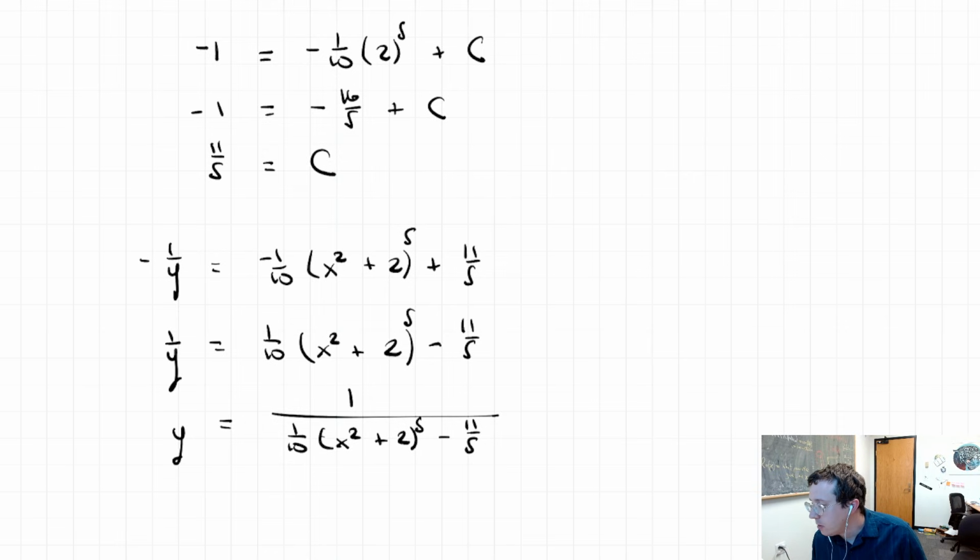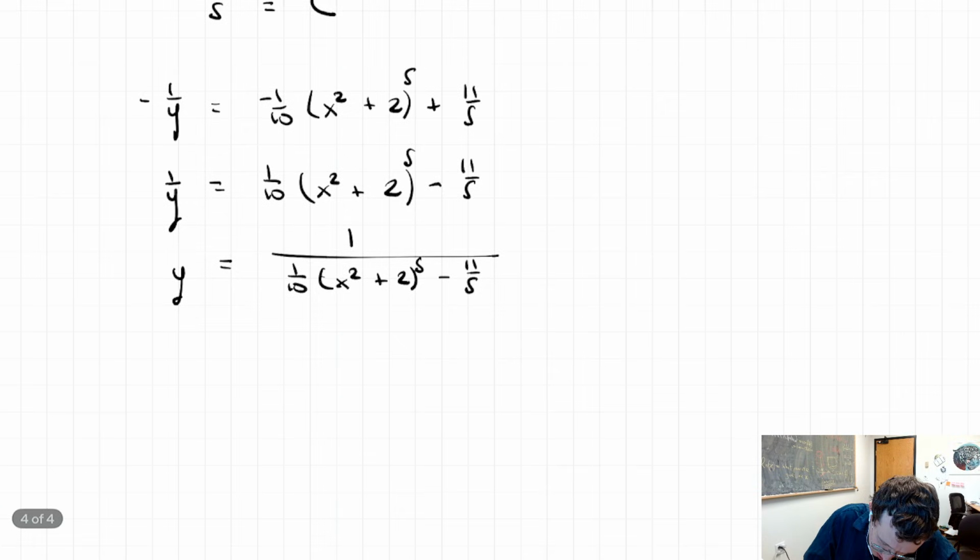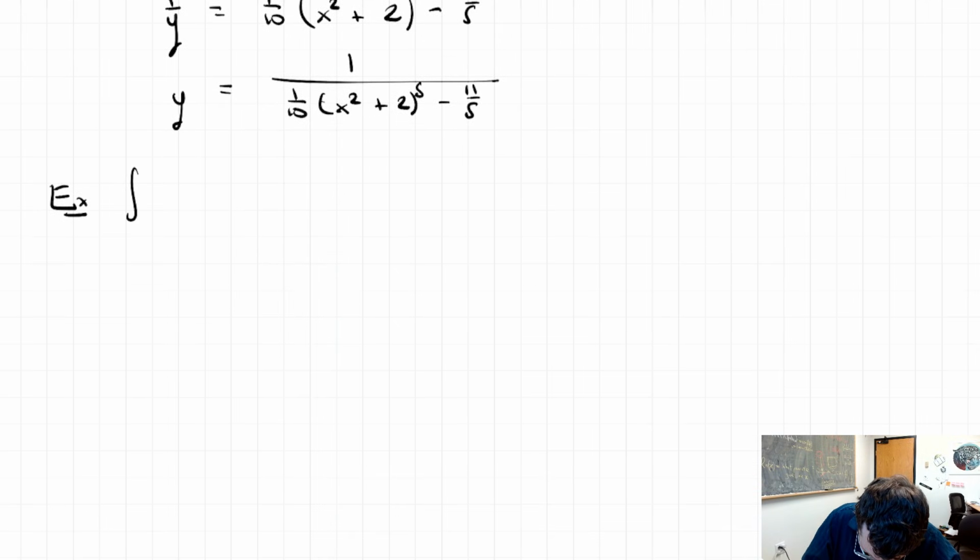What about the integral of arcsine of x? Oh, that's a great one. I'm trying to think about whether you can do this with a u sub.